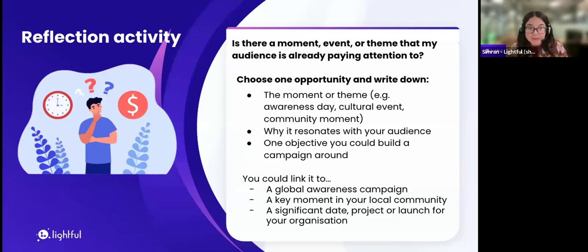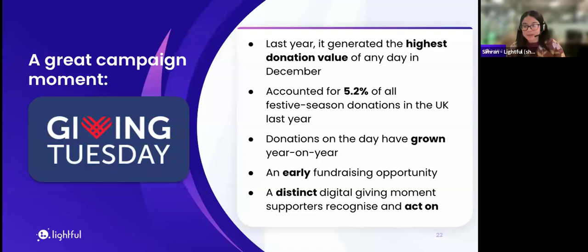Okay, Jane mentioned Giving Tuesday, so I'm going to continue with that theme. Speaking of campaign moments, I want to spotlight a campaign opportunity that may be especially valuable for some of you, which is Giving Tuesday, taking place on December the 2nd this year. This may only be relevant if your target audience includes donors or funders based in the UK or US.